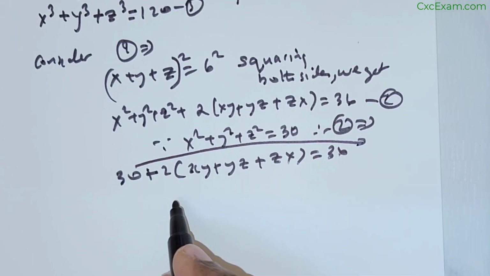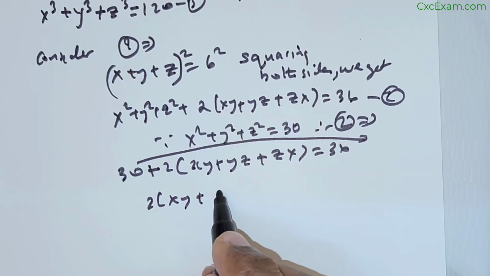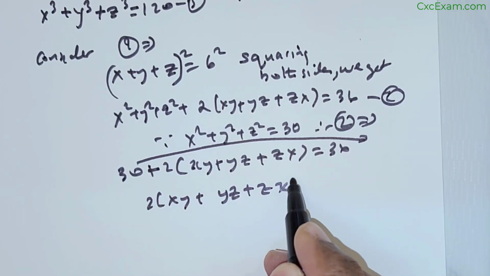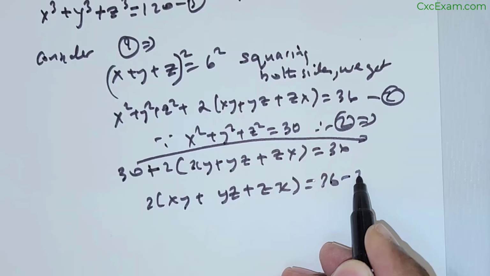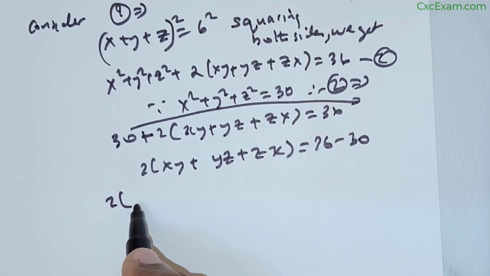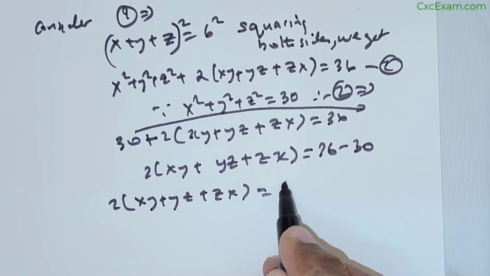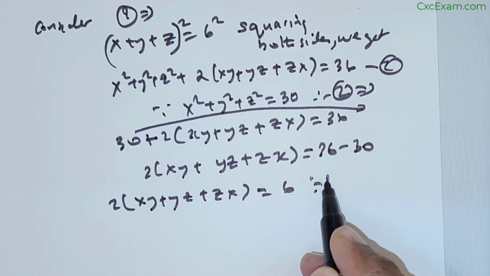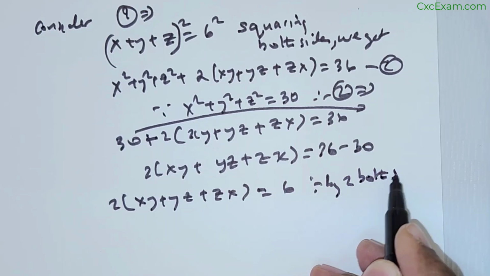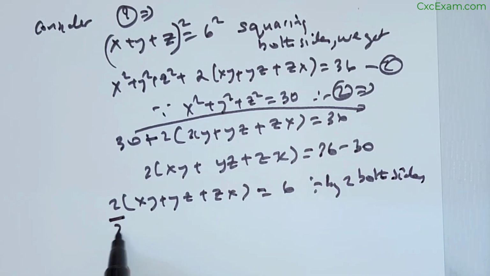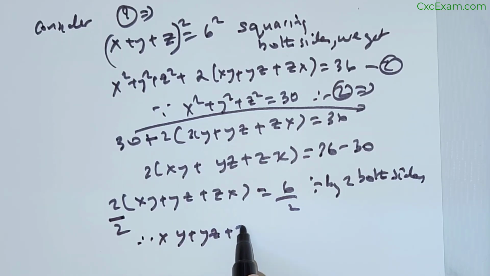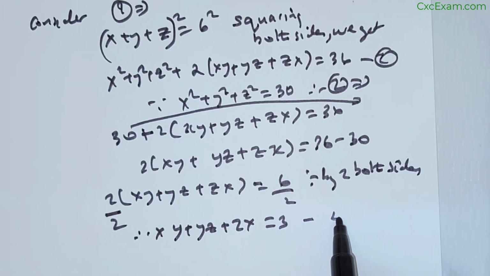Move this 30 to the other side, you get 2(xy + yz + zx) = 36 - 30, which gives 2(xy + yz + zx) = 6. Divide by 2 on both sides, we get xy + yz + zx = 3. So I'm going to take this as 4.